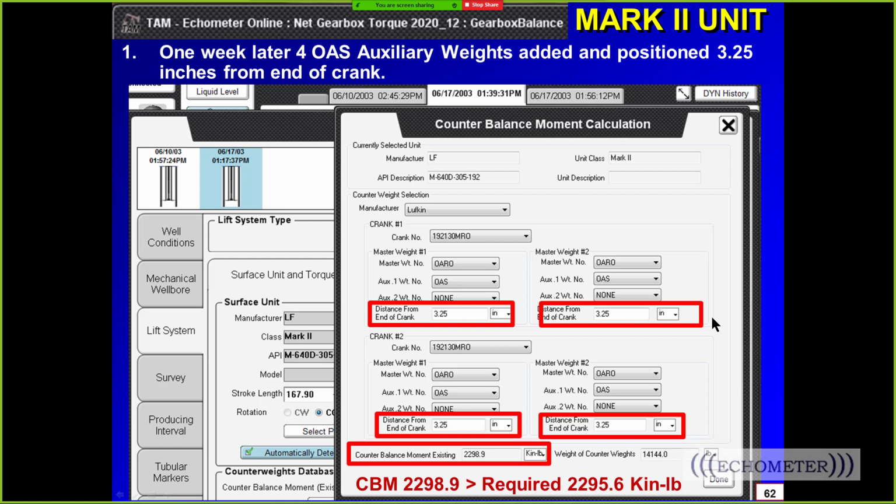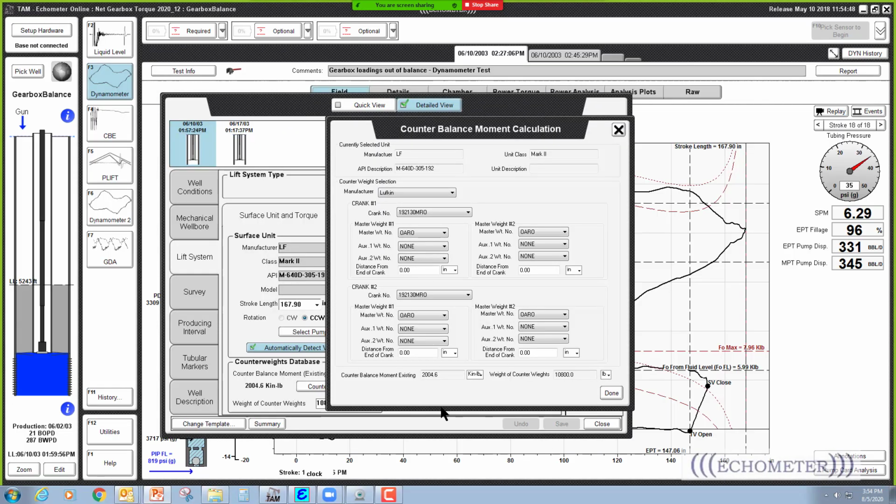When we did that, a week later we positioned the counterweights 3.25 inches from the end of the crank. We now have an existing counterbalance moment greater than the amount that was required, so we're no longer overloading our gearbox. All right, I think that's it. Let's go show that.